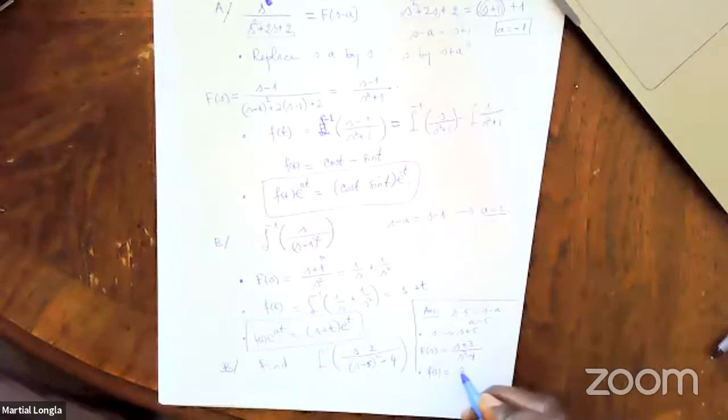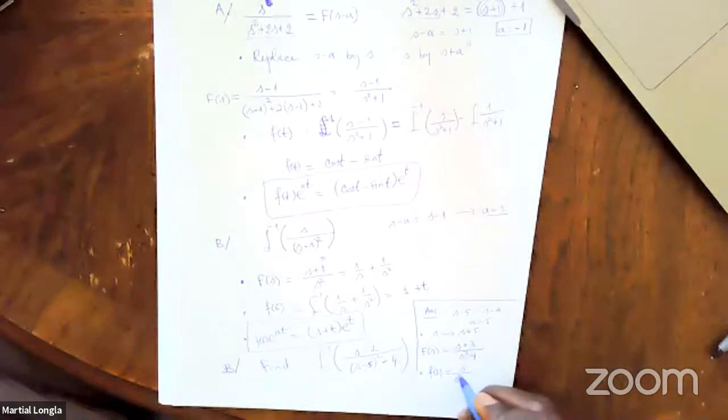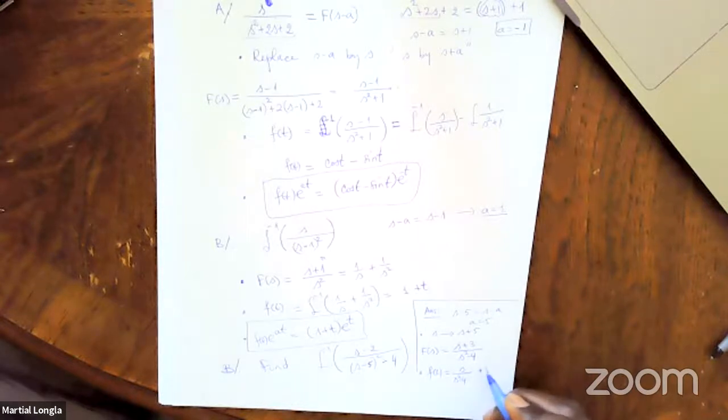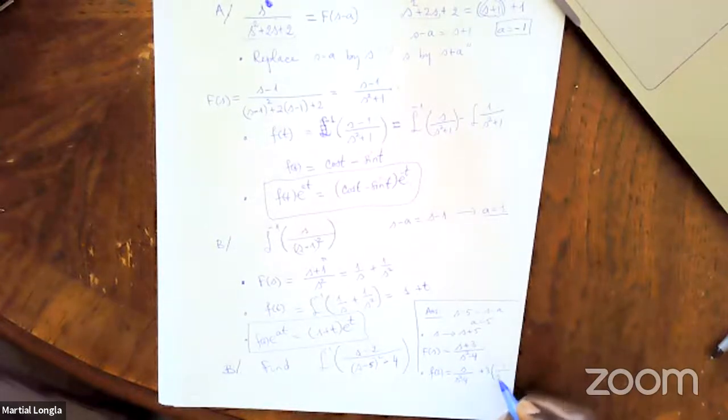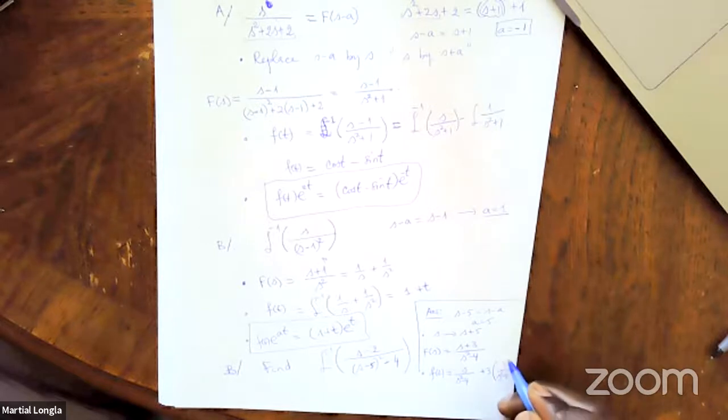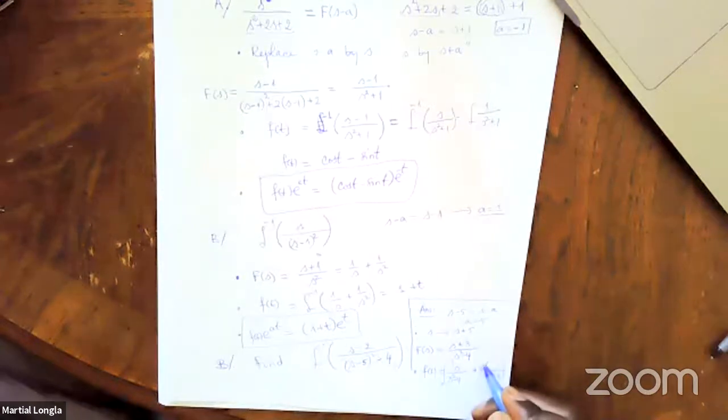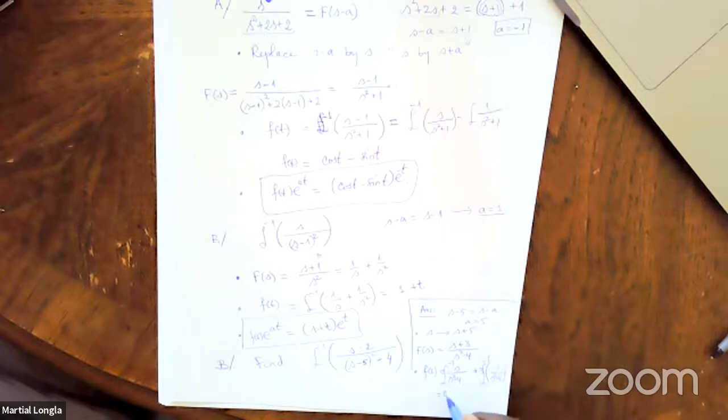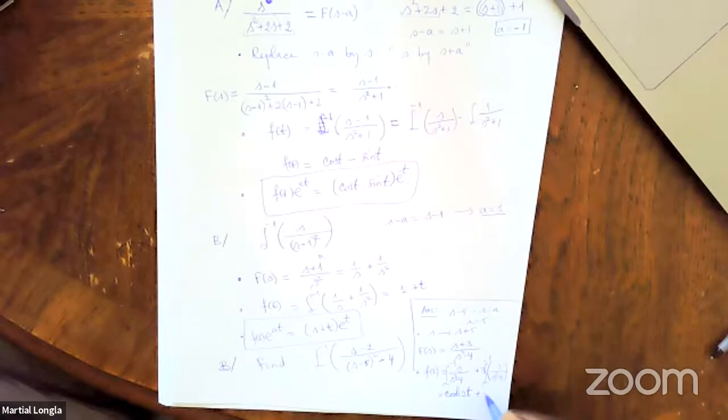This is s over s squared minus 4 plus 3 times 1 over s squared minus 4. Taking the inverse Laplace transform, this is cosine hyperbolic of 2t plus 3/2 sine hyperbolic of 2t.